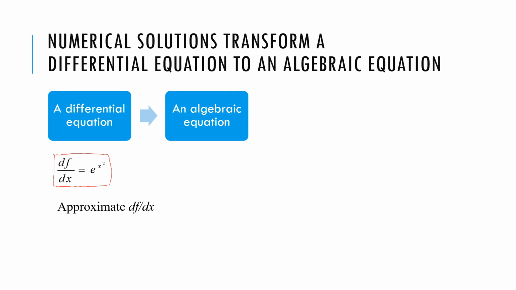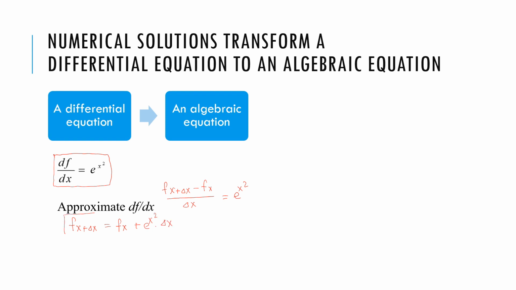So we can approximate the derivative df/dx as f at x plus delta x minus f at x over delta x, and that's equal to e raised to x squared. So if we simplify that, we can write f at x plus delta x is equal to f at x plus e raised to x squared times delta x.